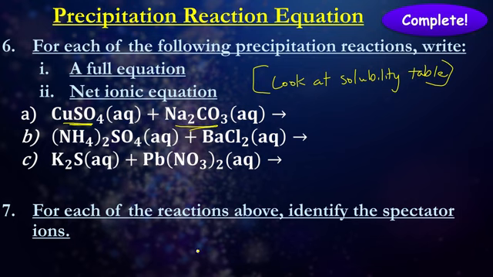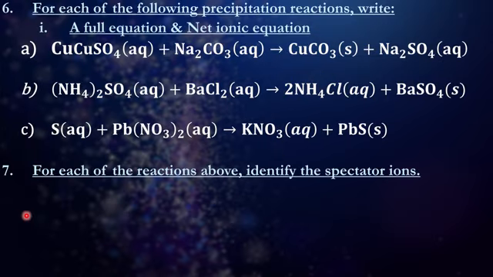And then in 7, we're asked to identify the spectator ions above. So let's just firstly write these out. So these are the full equations for my precipitation reactions. If you ignore the fact that I had another copper over there, now this is the perfect equation. So copper sulfate, sodium carbonate, and so on and so on.